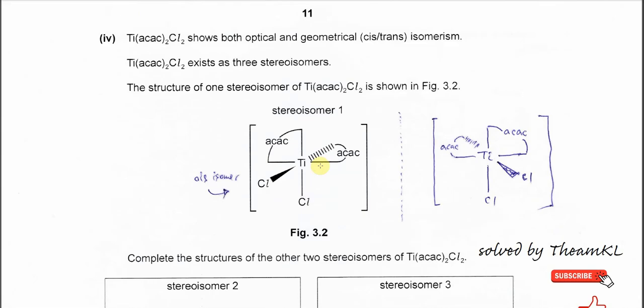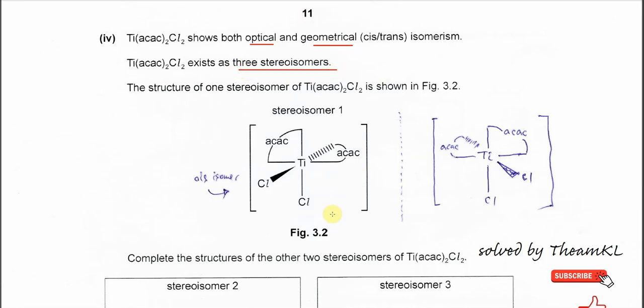Part 4. Now Ti(acac)2Cl2 shows both optical and geometrical isomerism. So this complex can show both isomerisms, and therefore it can exist as 3 stereoisomers.